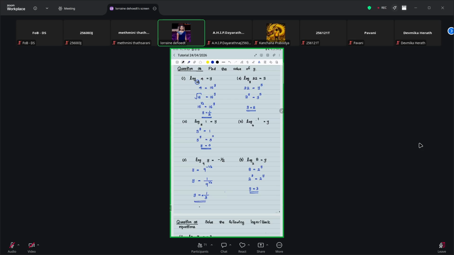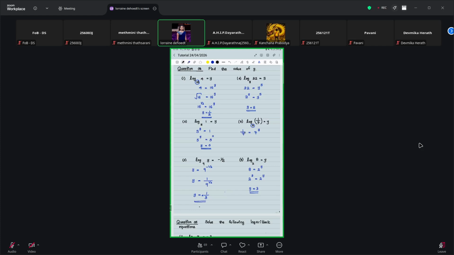One over 7. Okay. I'll write like this. Then the base is 7. Now you can write 1 over 7 equals 7 to the power y. 1 over 7 means there is a power, it is 1. 1 over 7 to the power 1, it's a denominator term.